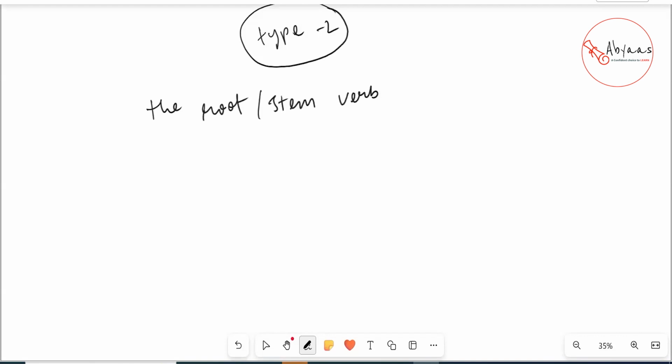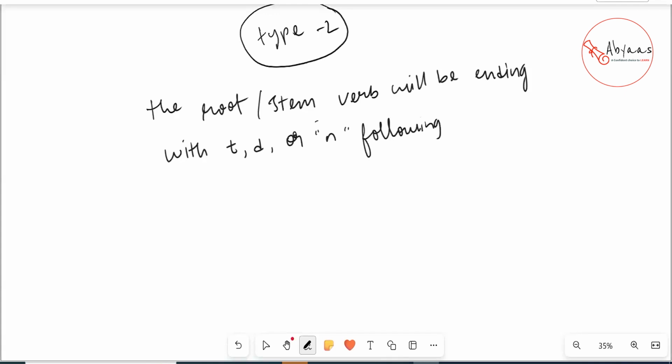So in the case of type 2, the root or stem of the verb will be ending with d, d, or n following, specifically n following a consonant sound.